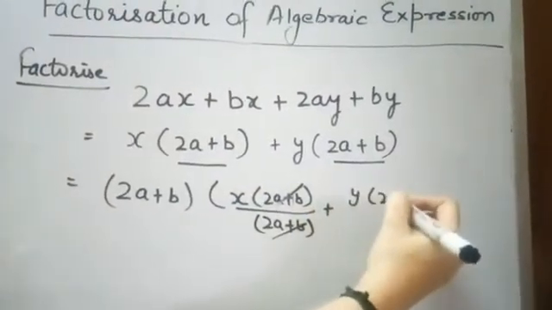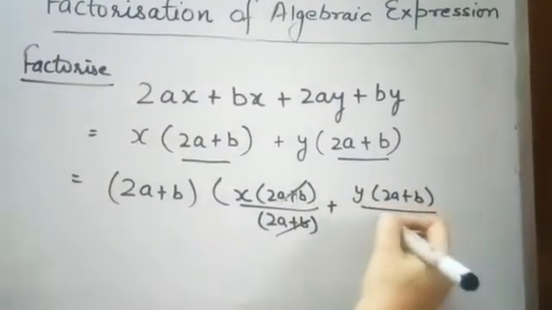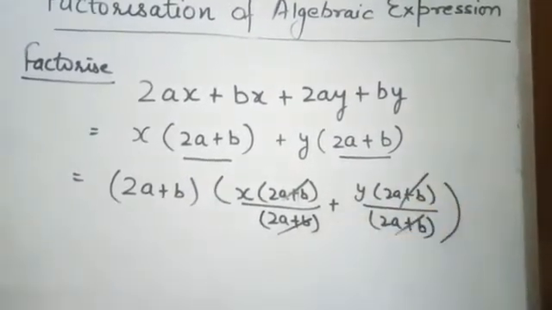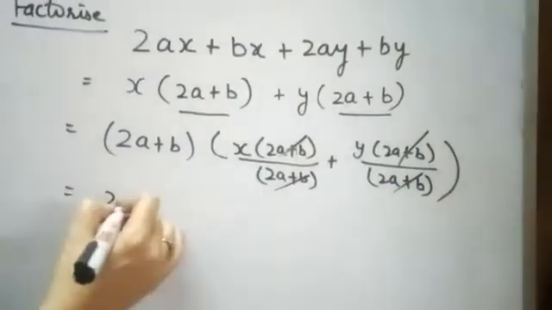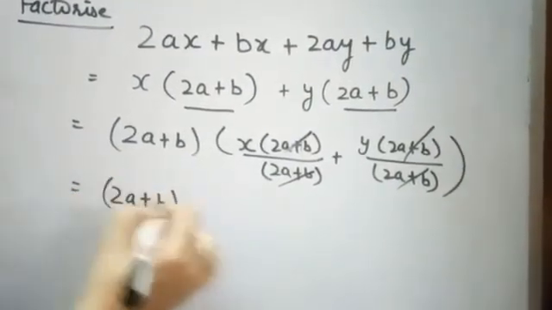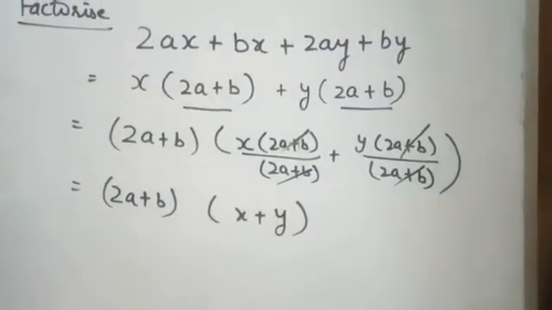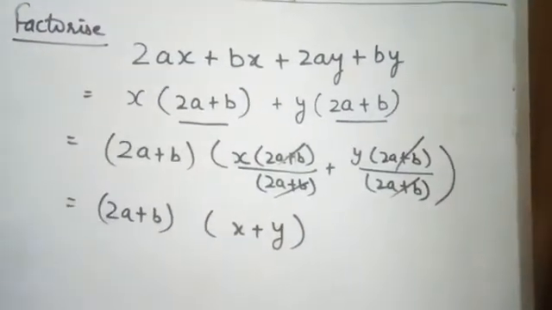Similarly, 2a plus b is taken out of the second term, dividing and cancelling it off. So what is left here is x plus y, and the HCF of this is 1. So this is your answer.